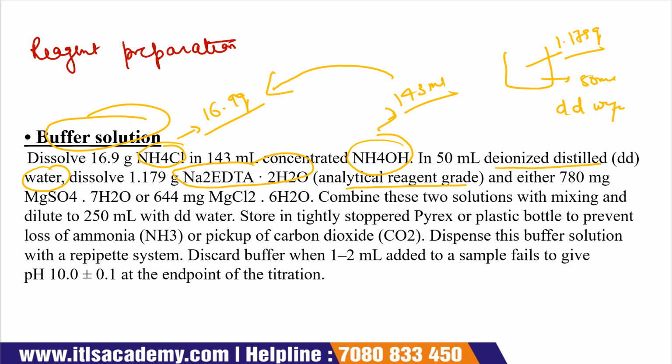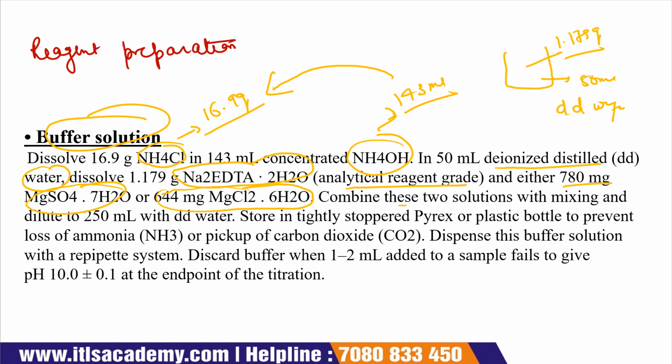Now after that, we also take 1.780 gram of magnesium sulfate or 644 gram of magnesium chloride heptahydrate.